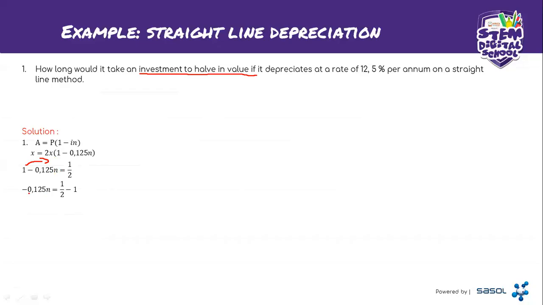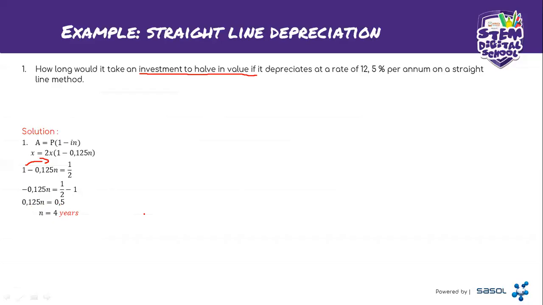And thereafter, we're going to divide both sides by negative 0.125. And then we divide with negative first, and then this is what we are having: 0.5. Thereafter, the second step, we're going to divide with 0.125 so that we can be left with n. The number of years here is 4 years. So we have calculated what? 4 years, the number of n.